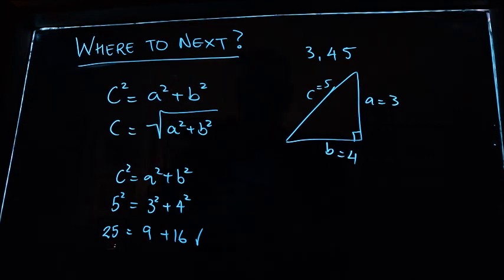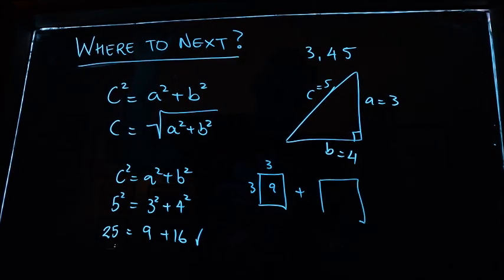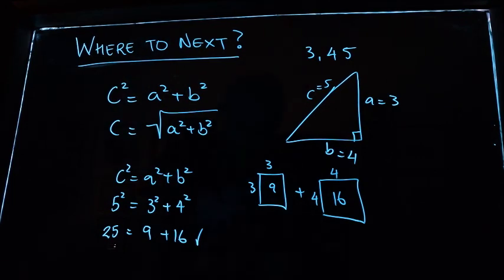What's really useful is all this play with the squares, and particularly the building of the squares. Now, if I had 3 squared, which is 9, adding the 4 squared, 4 by 4, which is 16, what's really useful in all this work that we've been doing is to prove Pythagoras.